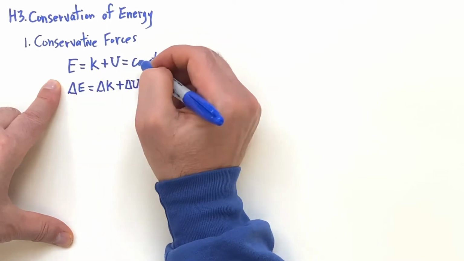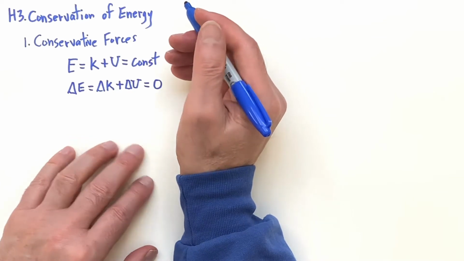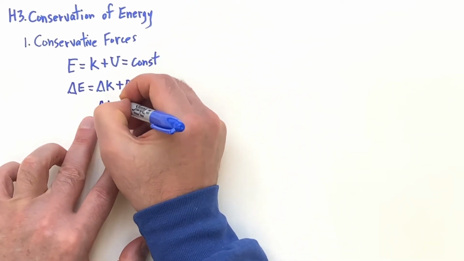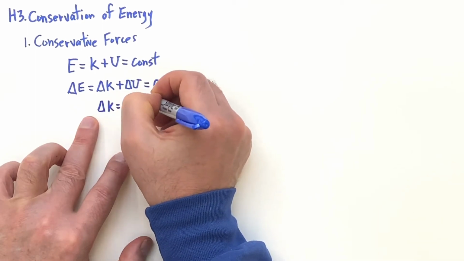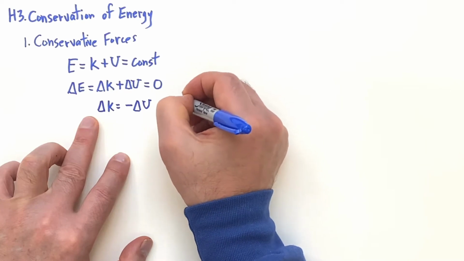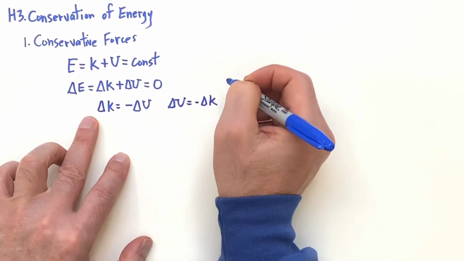Because if you take a delta on a constant, you get zero. So here you can see that the change in kinetic energy is minus the change in potential energy, and vice versa. The change in potential energy is negative the change in kinetic energy.